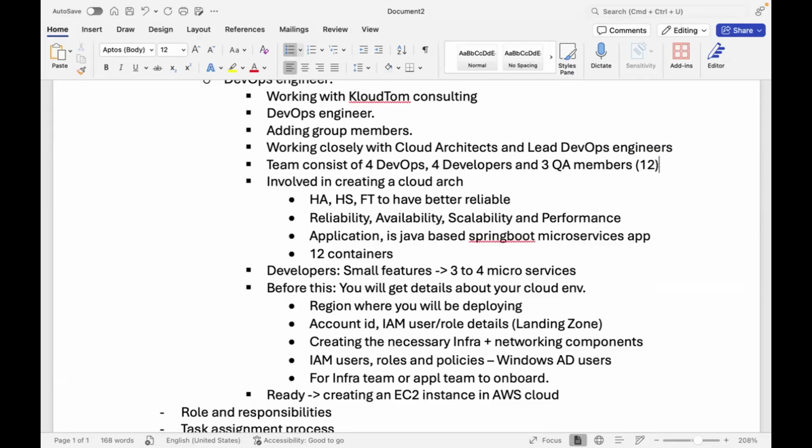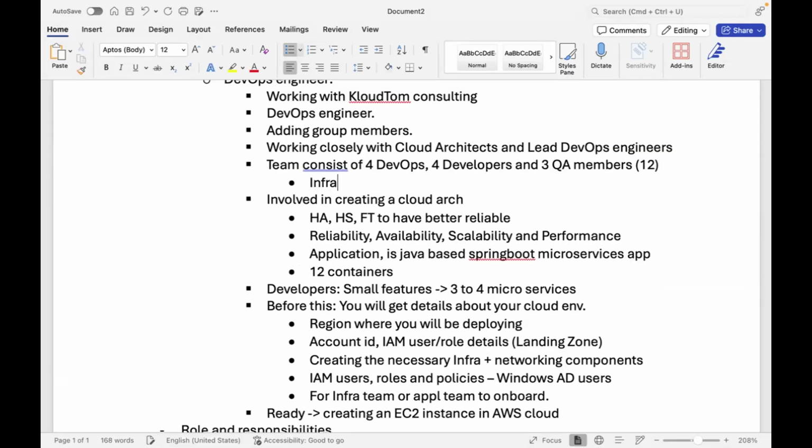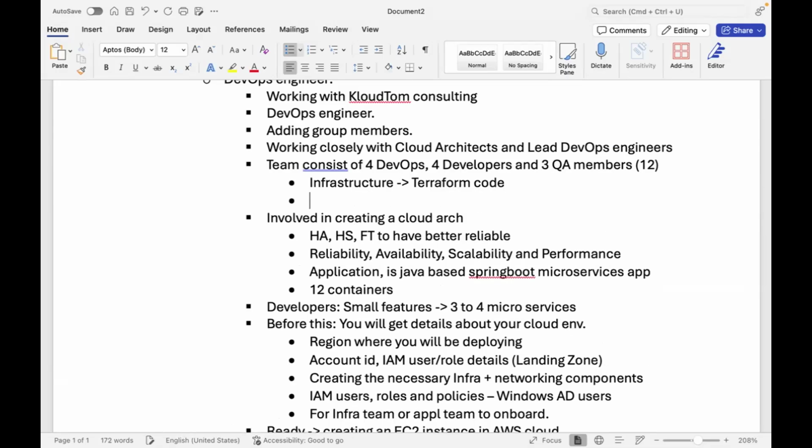creating the infra. Talking about infrastructure, then you should do a deep dive. You work mainly on the Terraform code, and you use GitLab and gitlab-ci for the CI/CD pipeline.